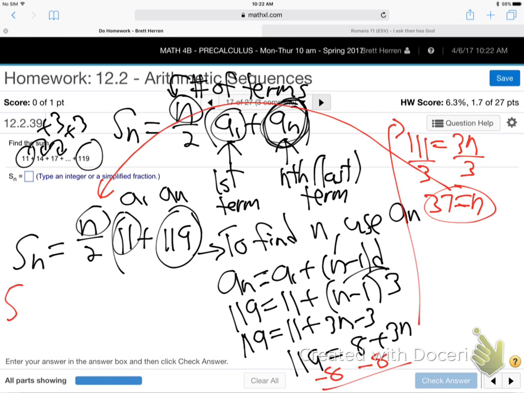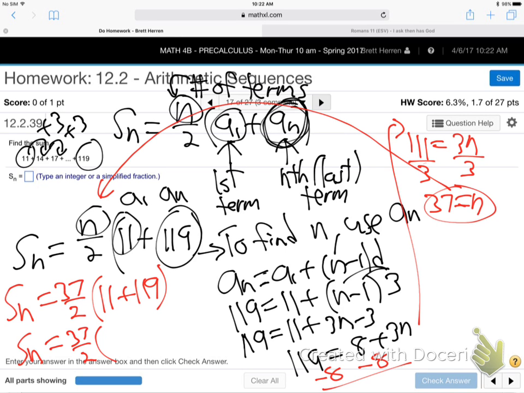Plug in the 37. So there must be 37 terms there, is what that means. 37 total terms. So now we can crank it out. Just hit the buttons on your calculator and tell me what it is. 2405.